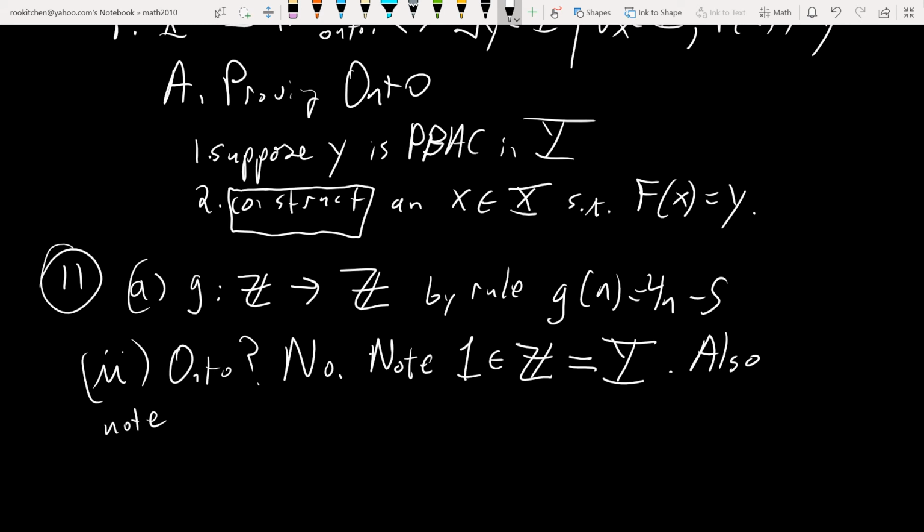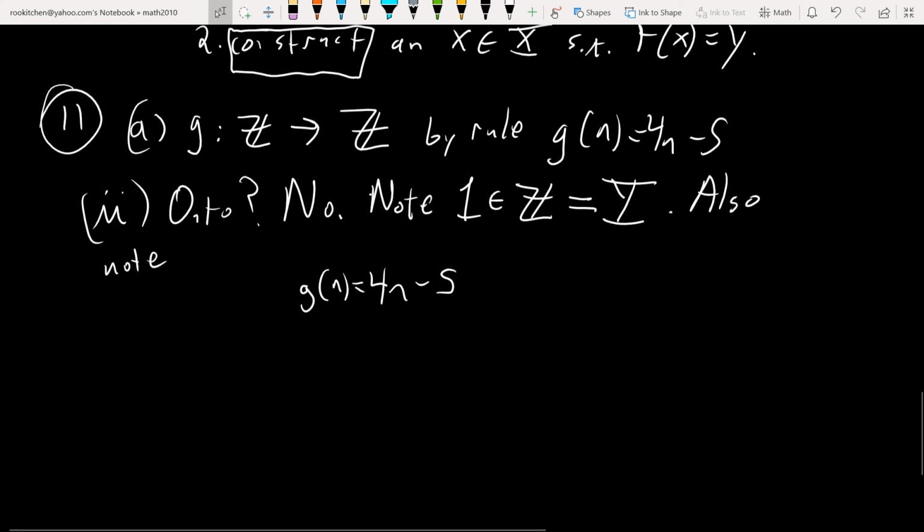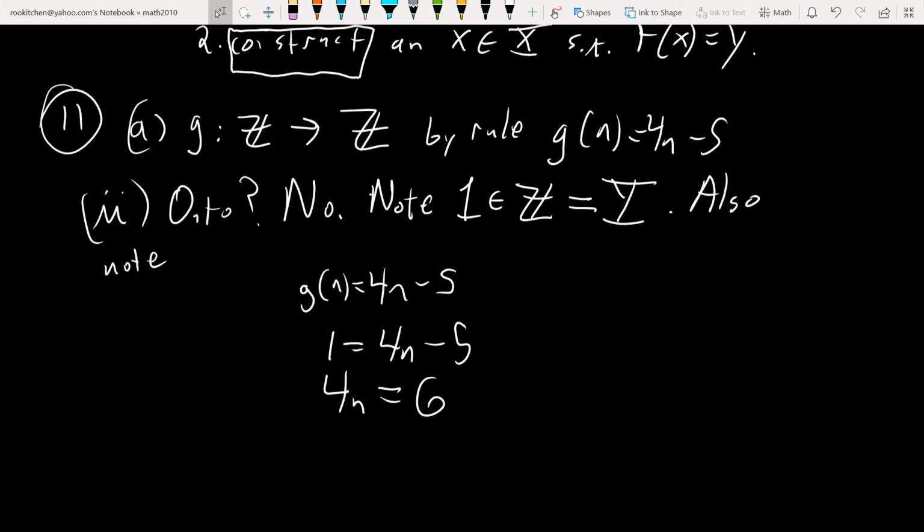So g of n equals 4n minus 5. We want to set g of n equal to 1, right? So we're hoping to find this magical n value in the integers that gives us 1 when we put n into g of n. Okay, if you try to solve for n, you see it. 4n, if I add 5 to both sides, is 6. And then dividing by 4, the only solution to that equation is 3/2, which isn't an integer.